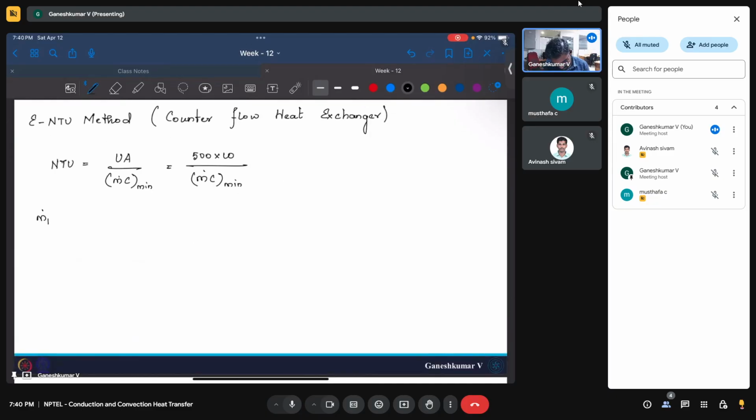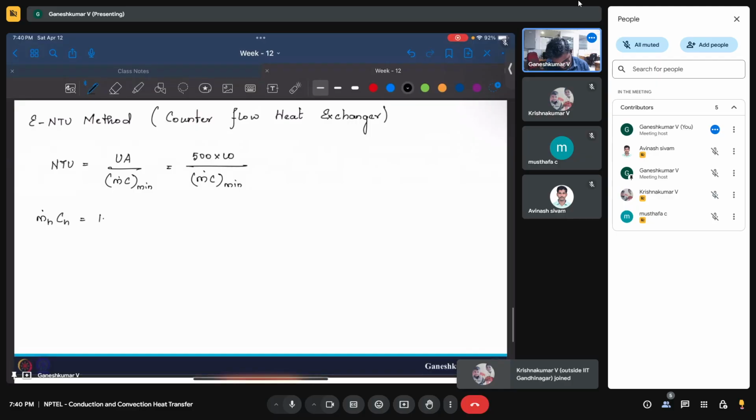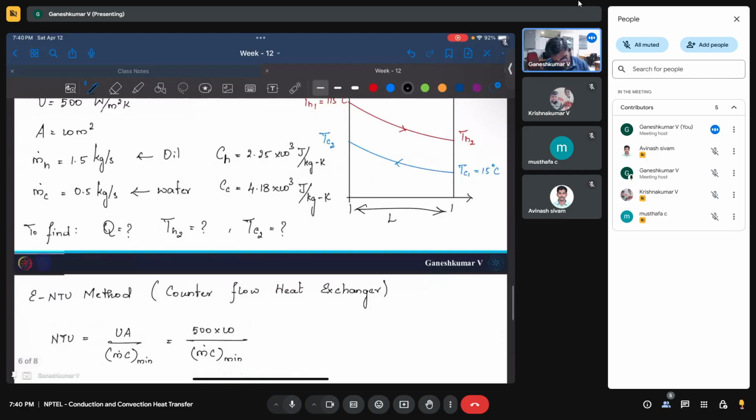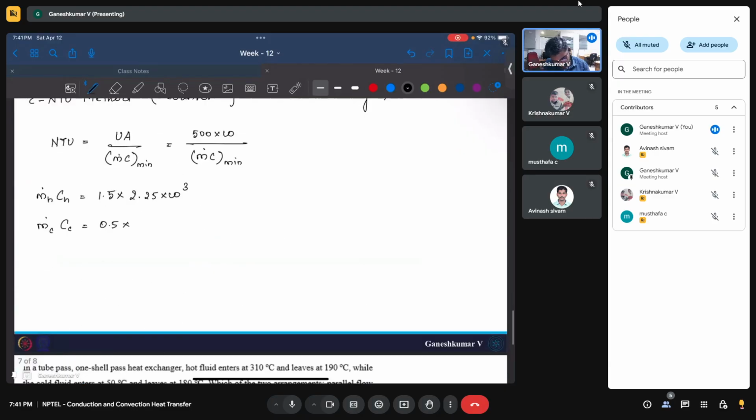Let's find out what m dot H C H is. M dot H is 1.5 into C H. C H is 2.25 into 10 power 3. And similarly m dot C C C is 0.5 times 4.18 into 10 power 3.